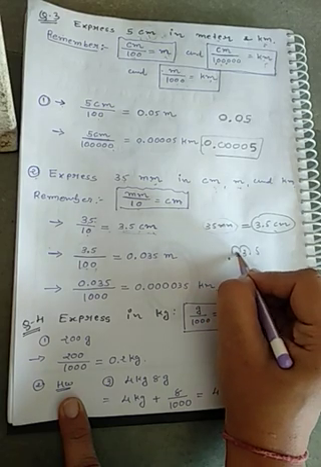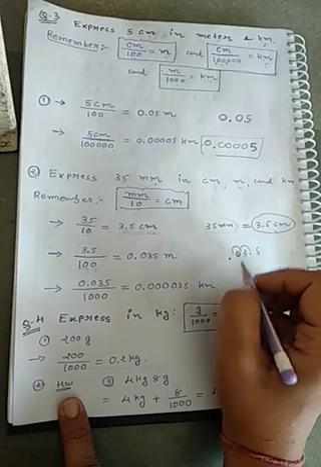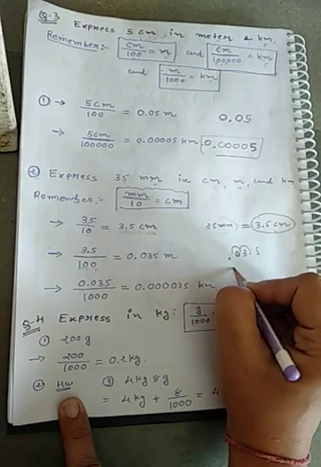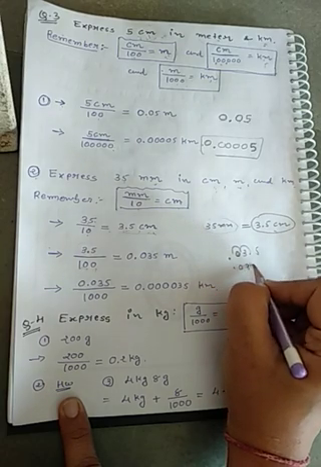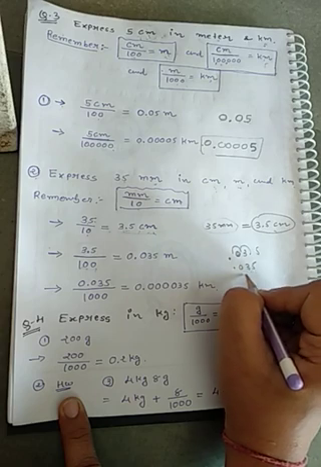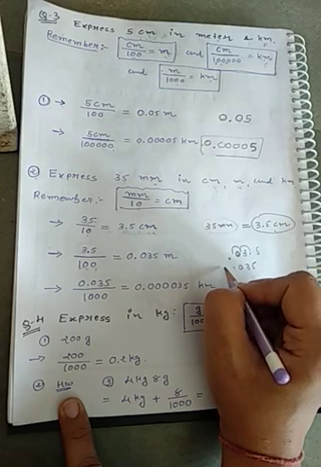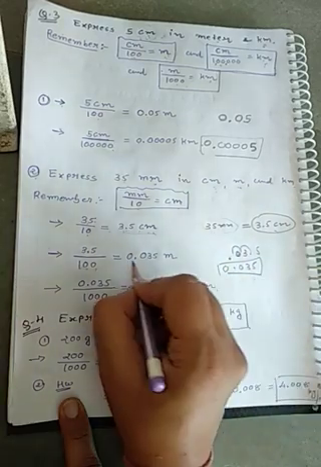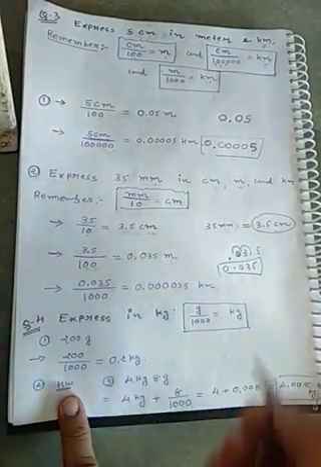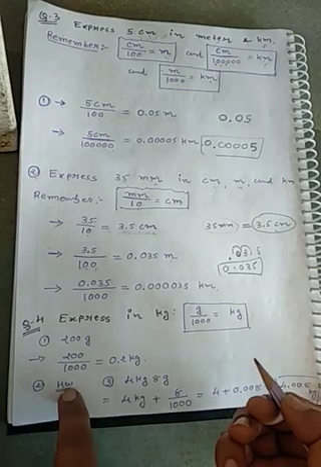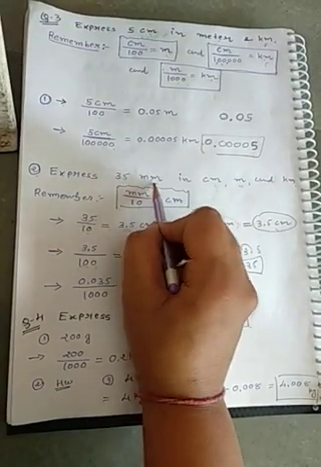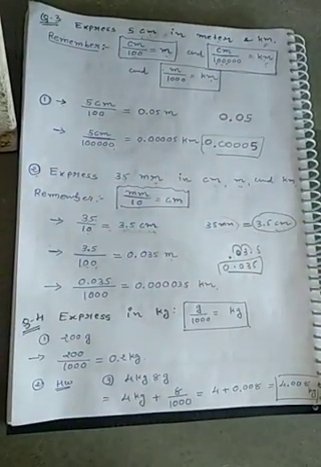So here nothing is given, so we will put 0. So what is the answer? 0.035. Point shifted 2 digits left side, and here 0 we can write. So answer is 0.035 meter.